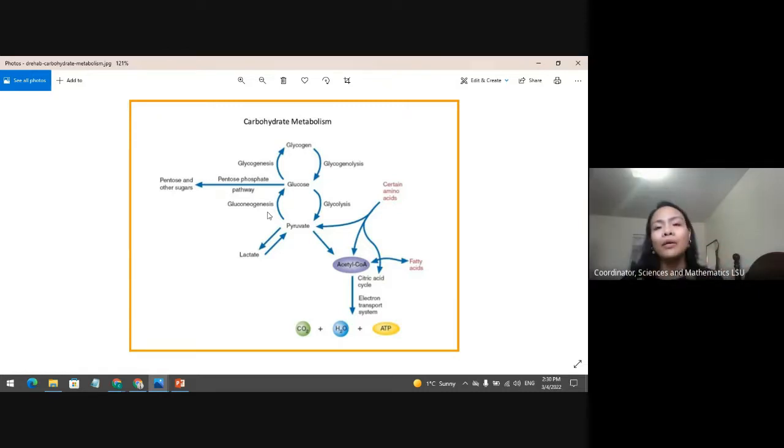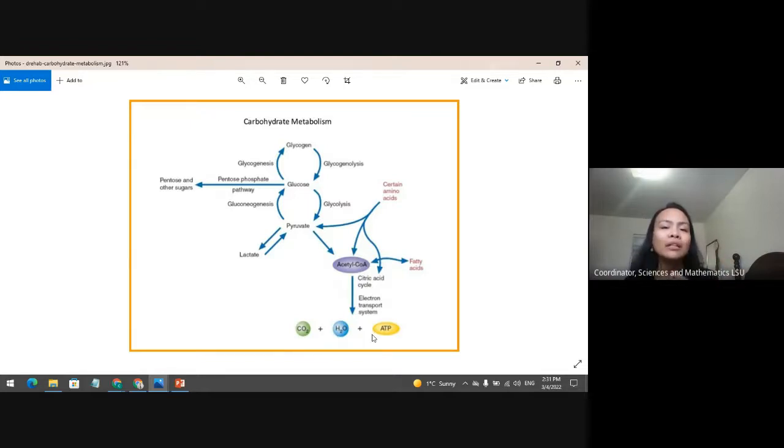Now the pyruvate will then be broken down again into acetyl coenzyme A, and it will undergo the citric acid cycle or Krebs cycle and go to the electron transport chain. And you now have your products for cellular respiration, which are carbon dioxide, water, and ATP.